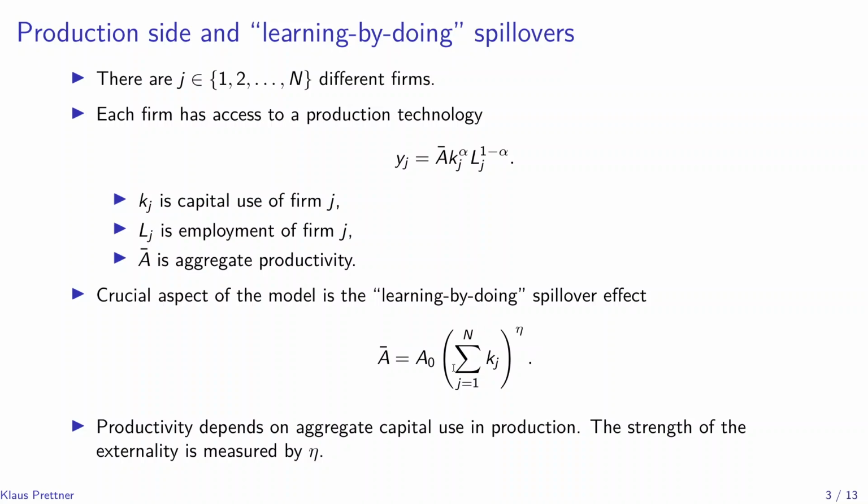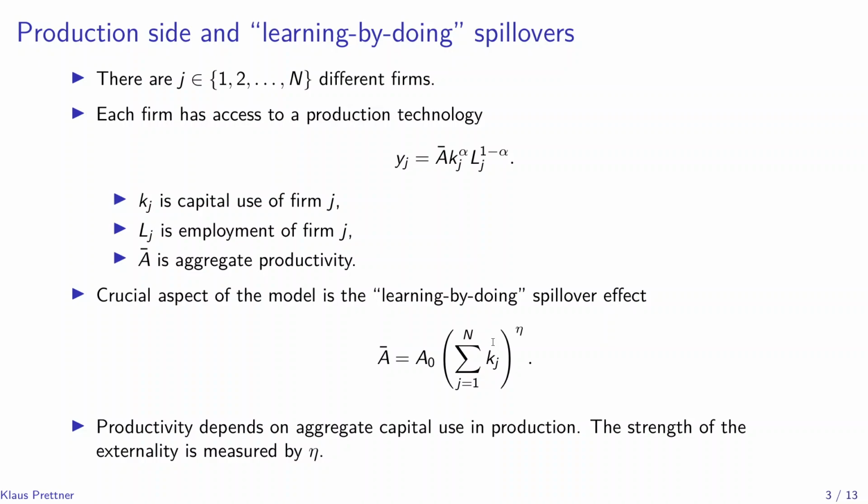And the exponent of this sum over capital is eta, which measures the strength of the externality. So eta measures by how much the production with physical capital increases aggregate productivity. So it measures the strength of the learning by doing effect.